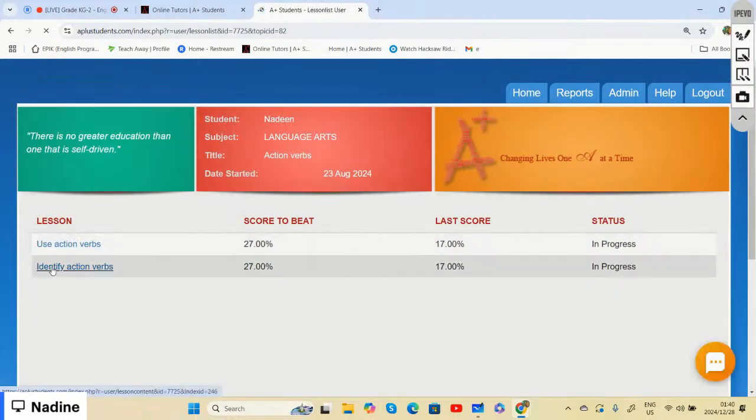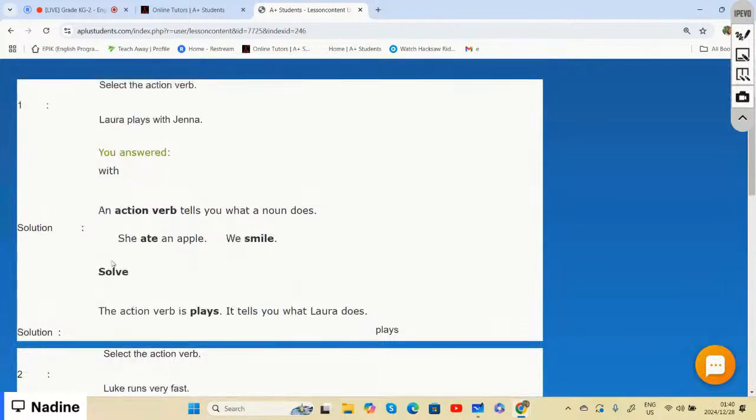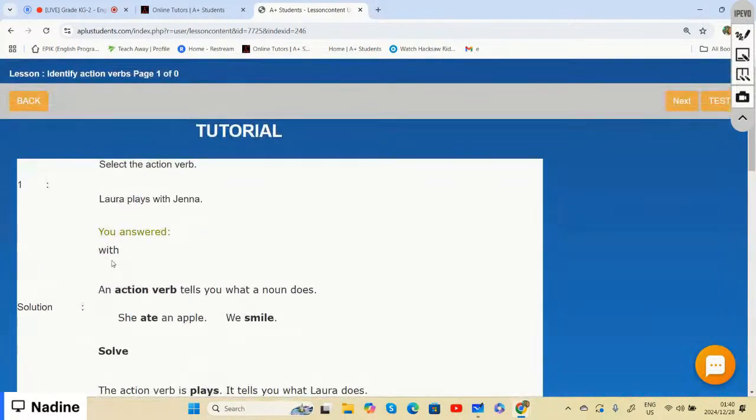All right, now we're going to identify action verbs. And once again, action verbs, it tells you what the noun is doing, tells us the action that the noun is doing, right? It's a doing word. It tells us what the noun, what the person, what the animal is doing, right?